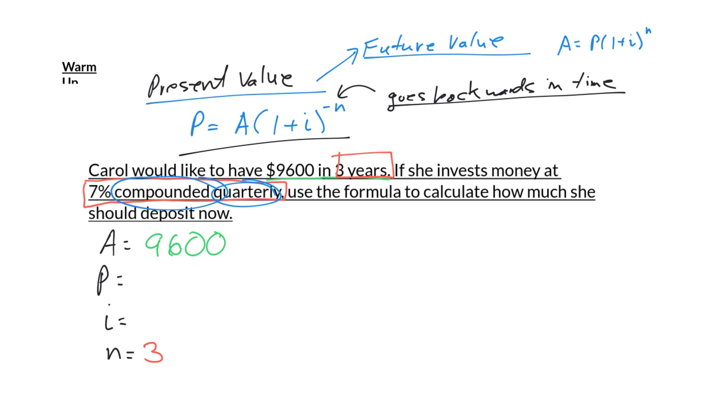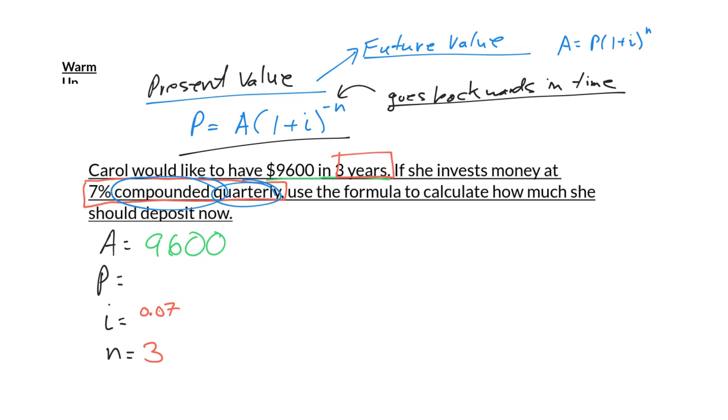Okay, and then I also notice that it's 7%. Now 7% can be written as 0.07, right? Now the only issue is that we have to account for the concept of 7% compounded quarterly.